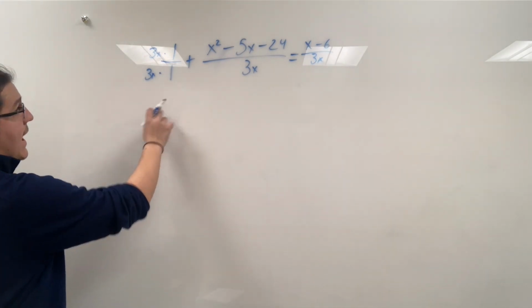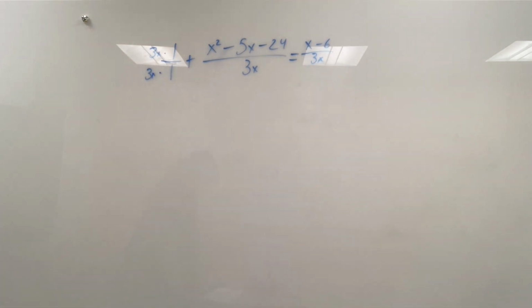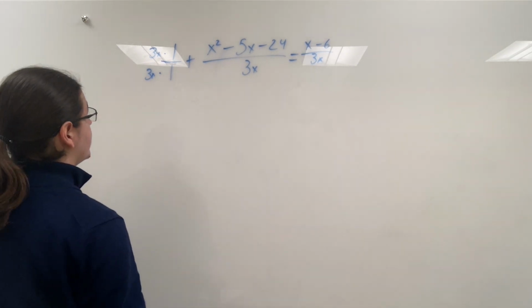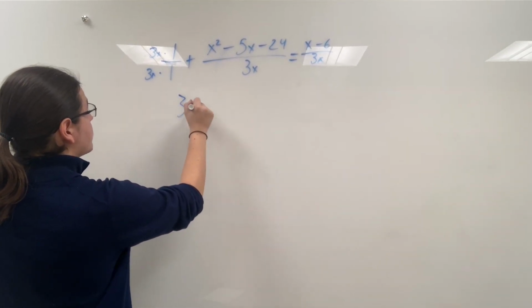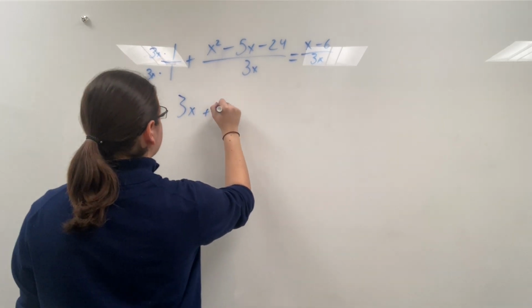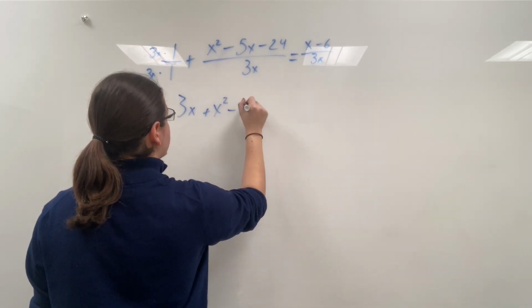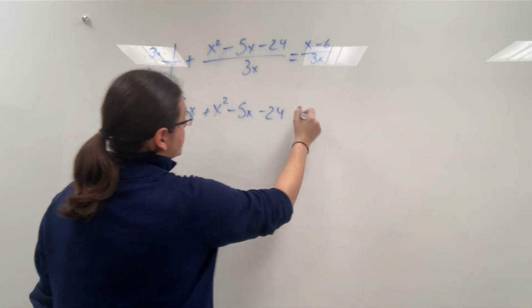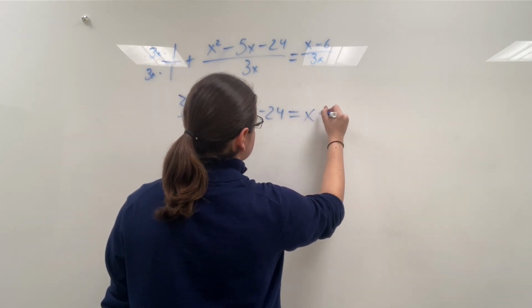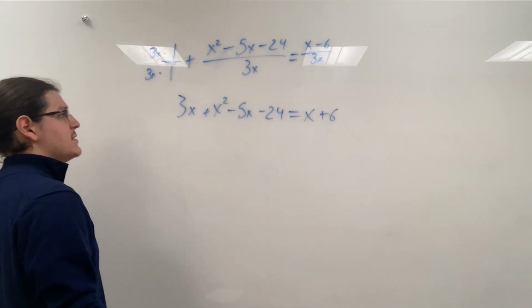Wait a minute. Yeah, I thought I was doing it wrong. Hold on. But we're going to have 3x plus x squared minus 5x minus 24 is equal to x plus 6. So let's simplify.